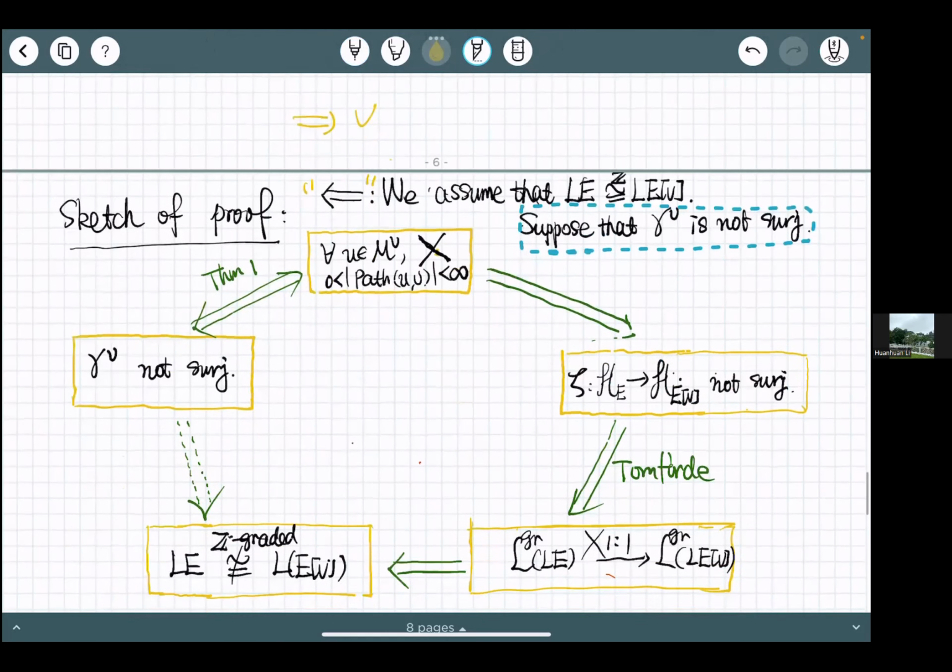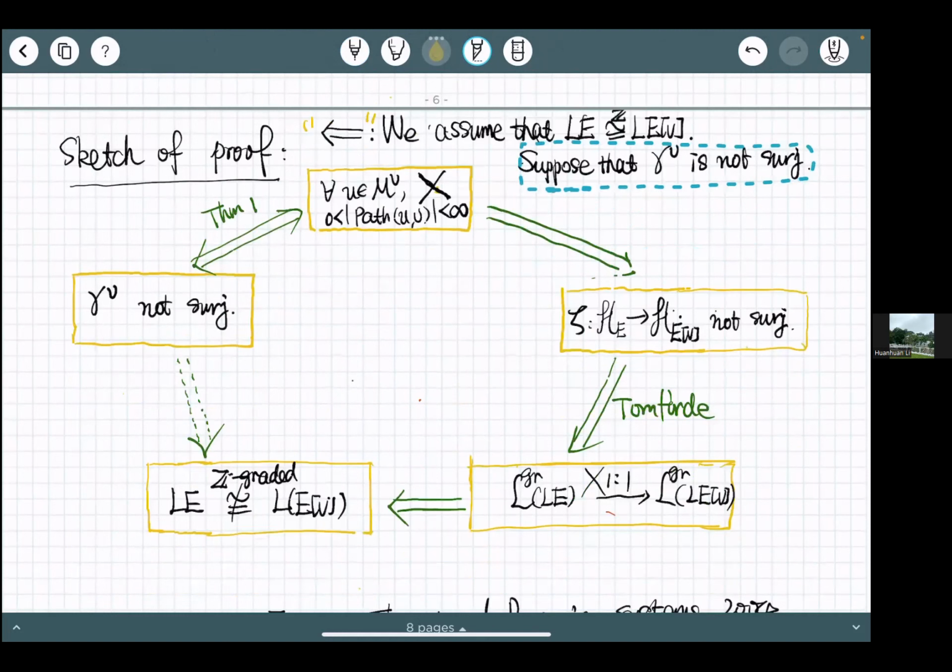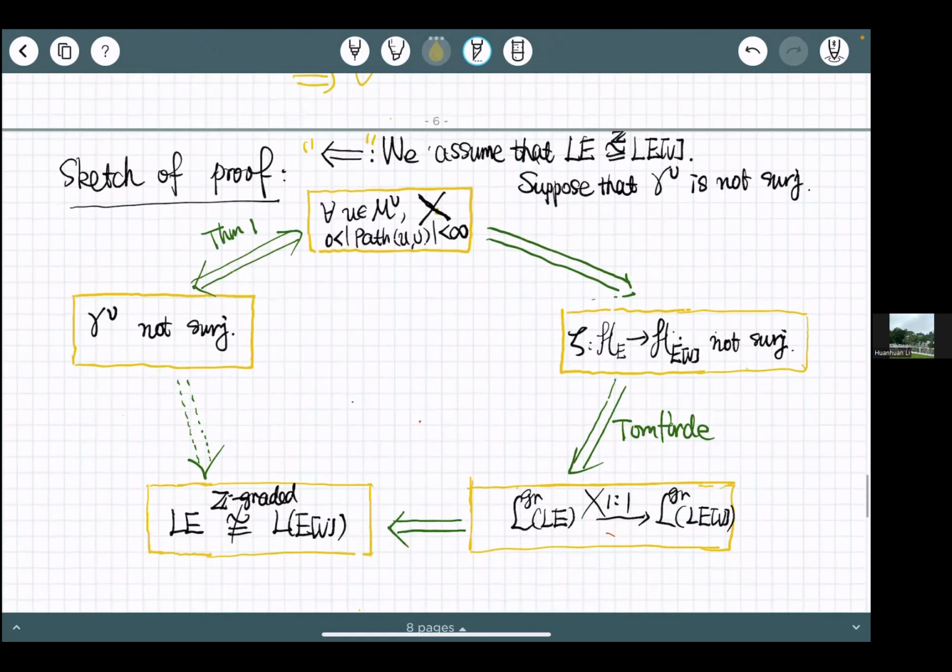So I draw this diagram here. Now we suppose gamma V is not surjective. We begin from here. Then we use our first theorem, where we have an if and only if condition. When gamma V is surjective, we have the if and only if condition.